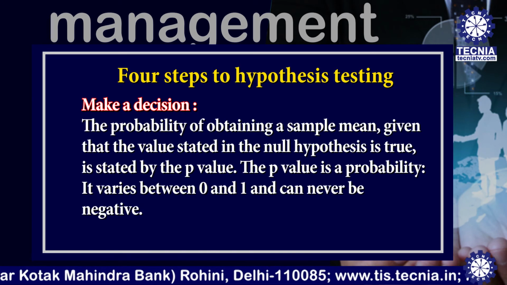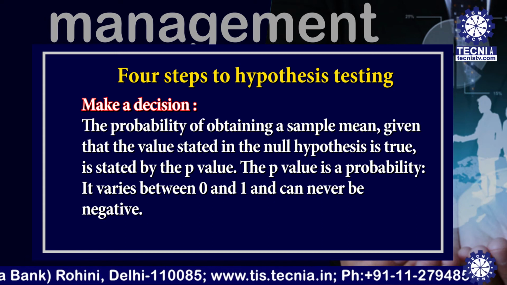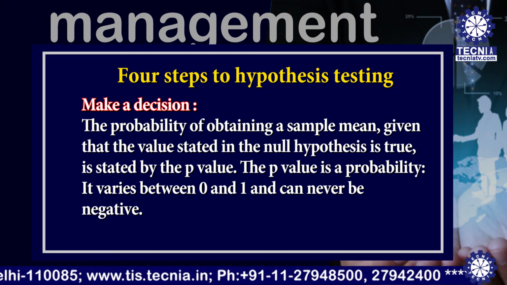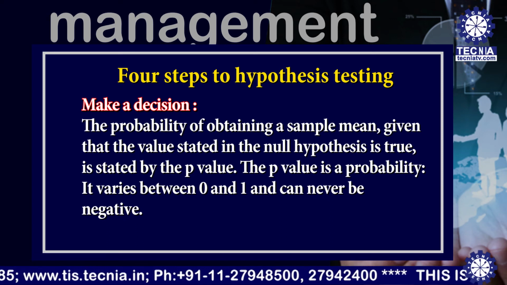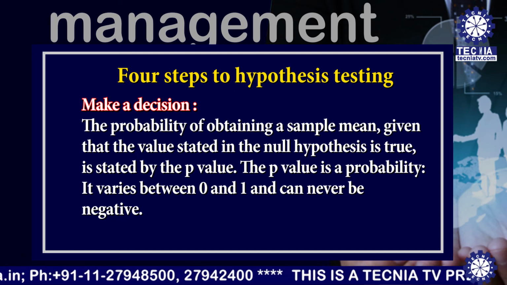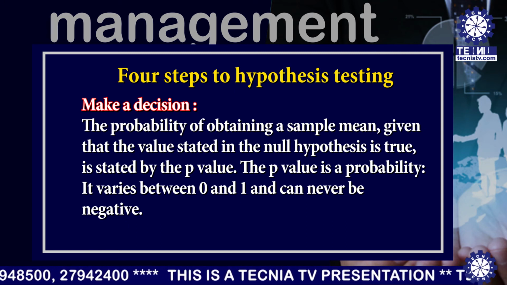The probability of obtaining a sample mean, given that the value stated in the null hypothesis is true, is stated by the p-value. The p-value is a probability. It varies between 0 and 1 and can never be negative.